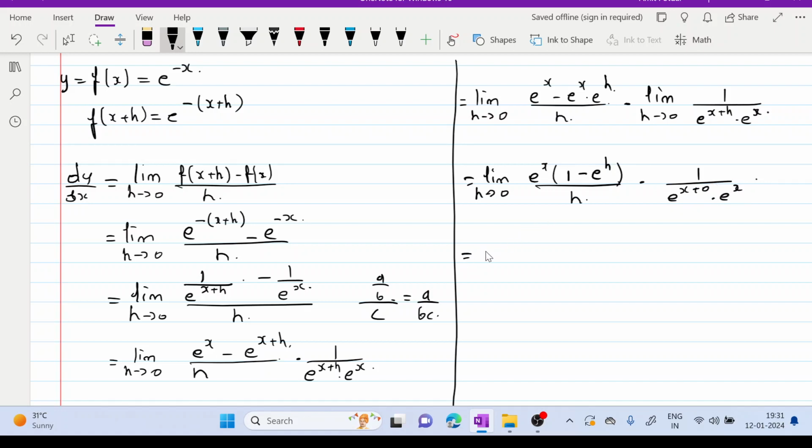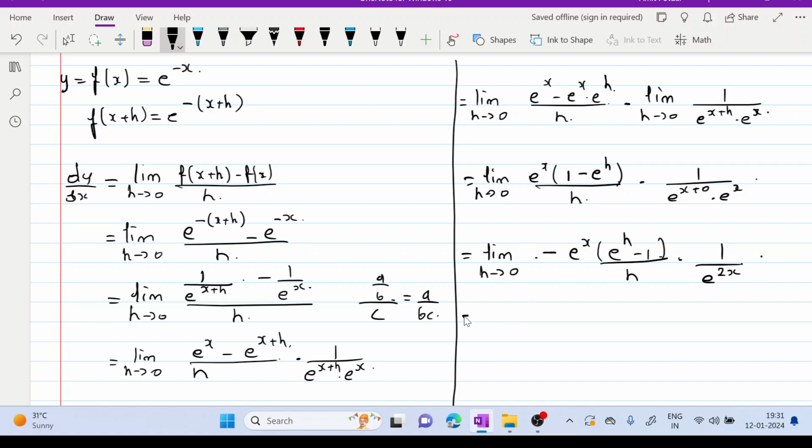So this is equal to limit as h tends to 0, and I can take the minus sign out and write it as e^x times (e^h minus 1) upon h, times 1 upon e^(2x). Okay, is that done?